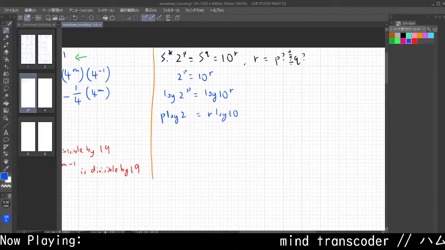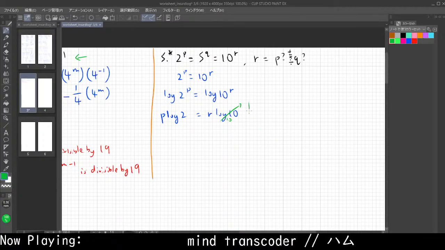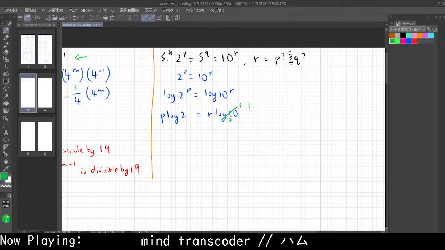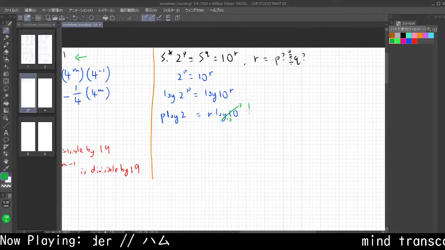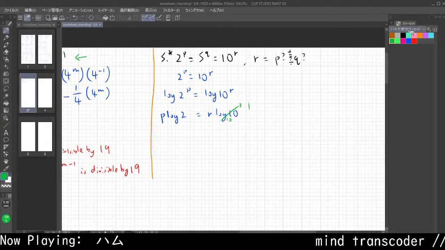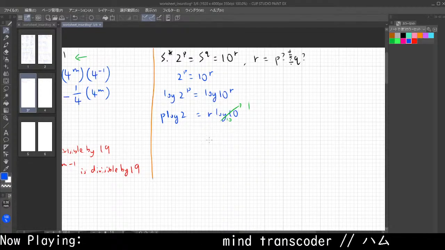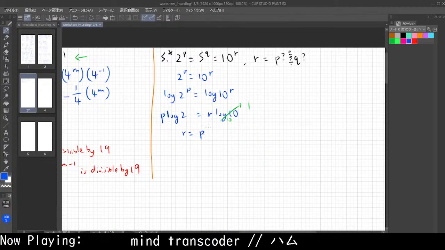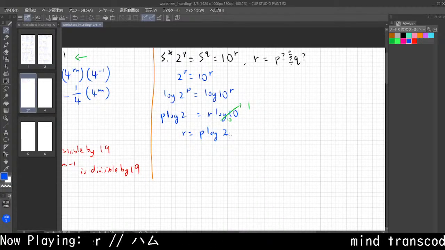Because then the log 10 over here becomes 1, and that's good for me because getting rid of one log is easier to work with. So since this goes to 1 directly, I can just rearrange it and write r equals p times log base 10 of 2. This is a certain number that we can calculate, but I'll just leave it there for now.